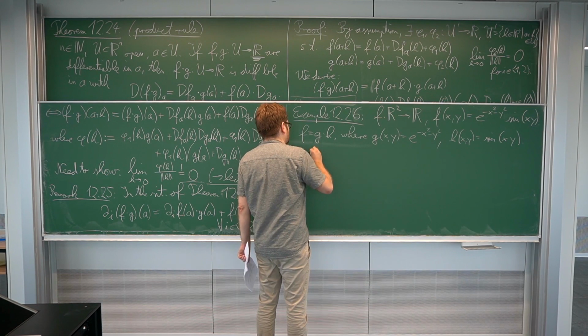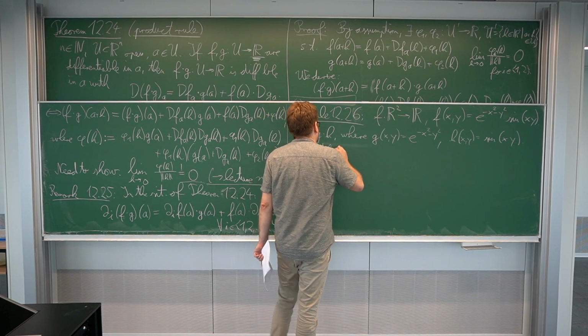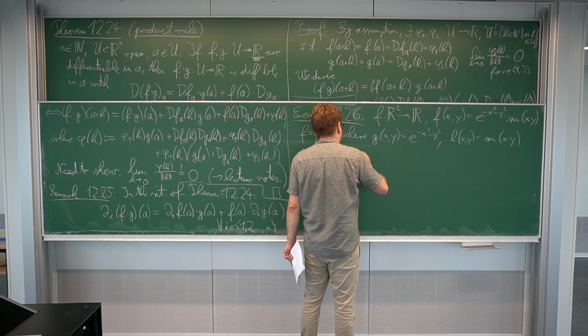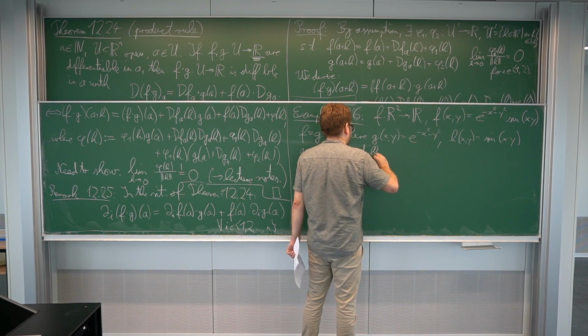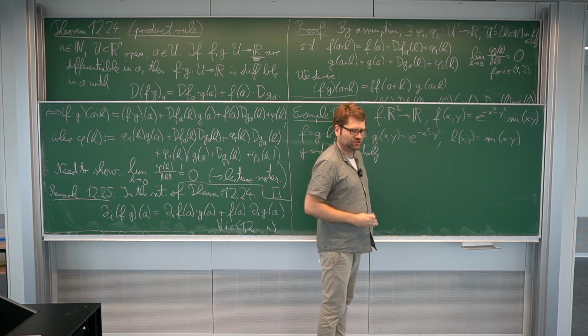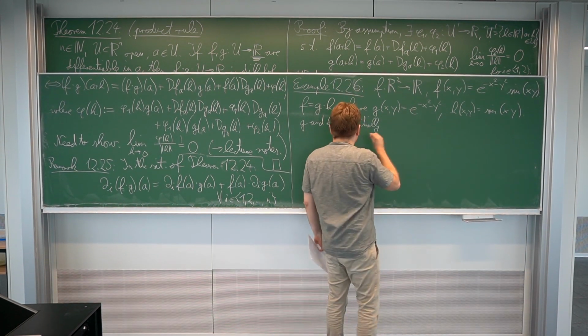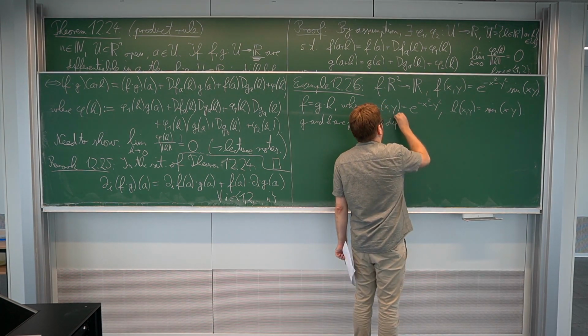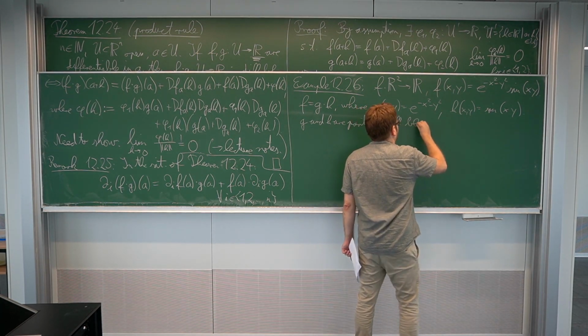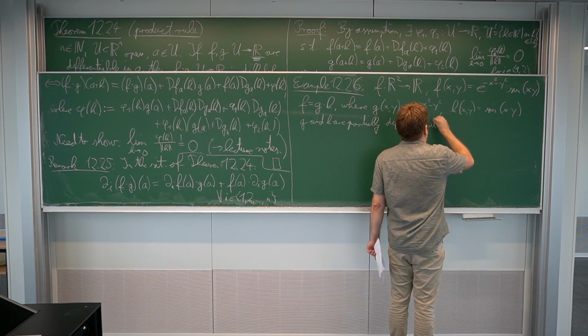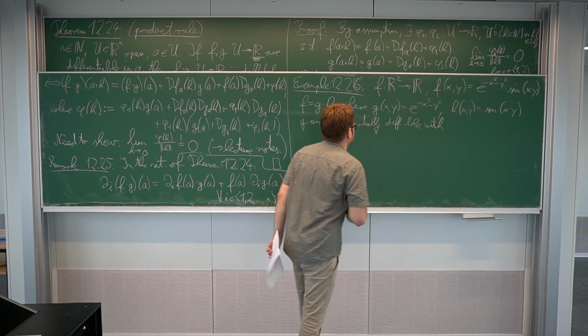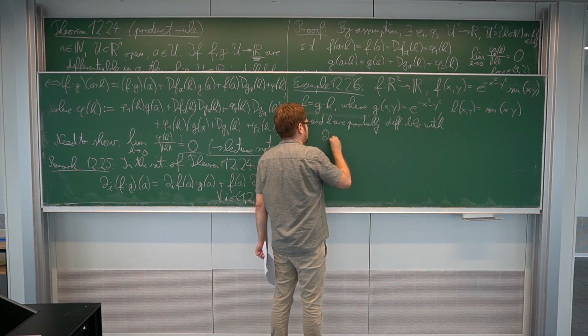And we see that g and h are partially differentiable. These ones we have already studied actually. I had a map where I had these two functions as components. There we have seen that they are partially differentiable with the following partial derivatives, and let us just compute them explicitly.